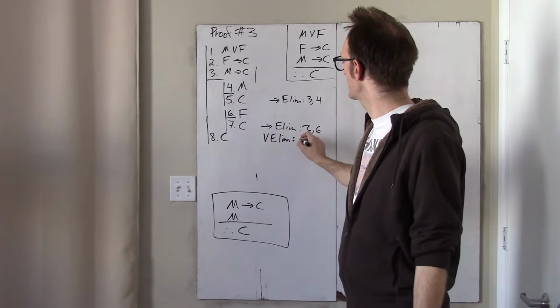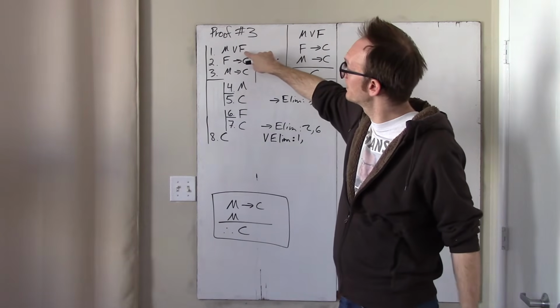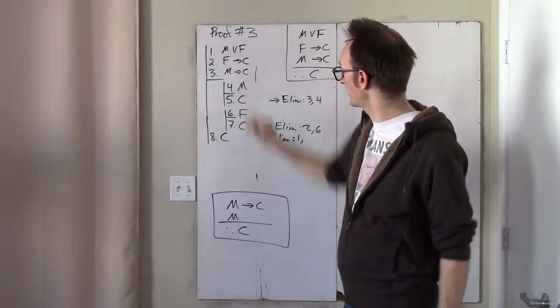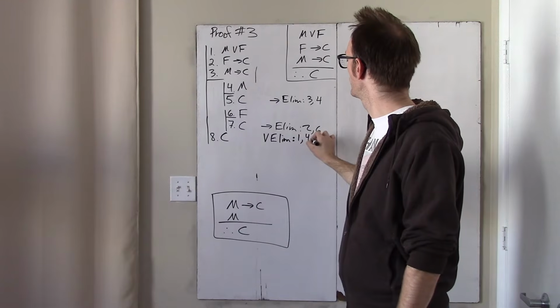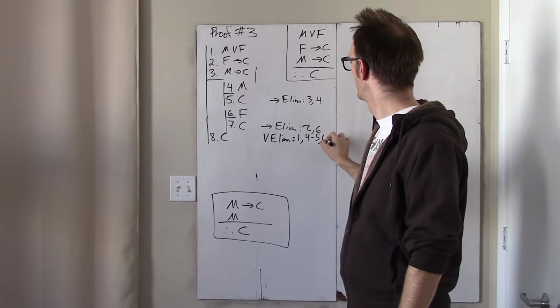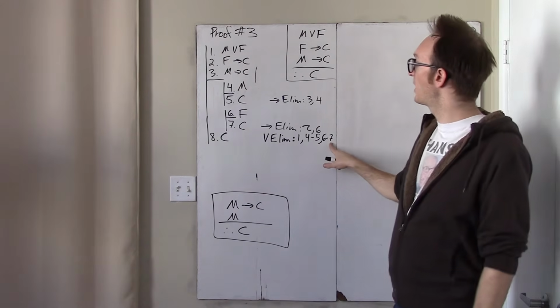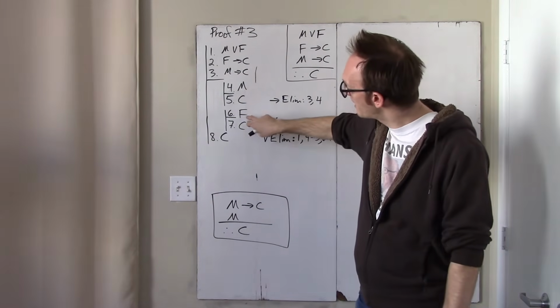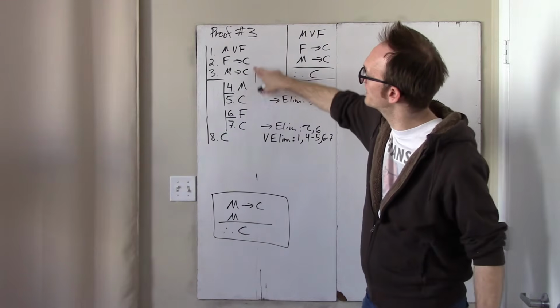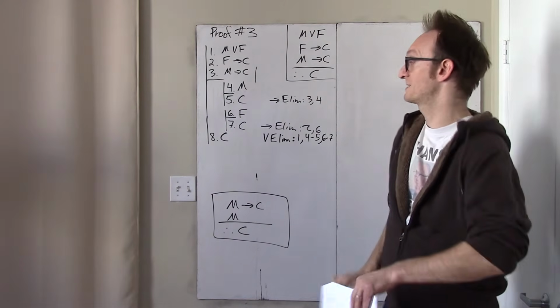And the notation here is, you note the line number of the disjunction that we're eliminating, and then you list the line numbers of the subproofs, the back-to-back subproofs in which you explored that disjunction.